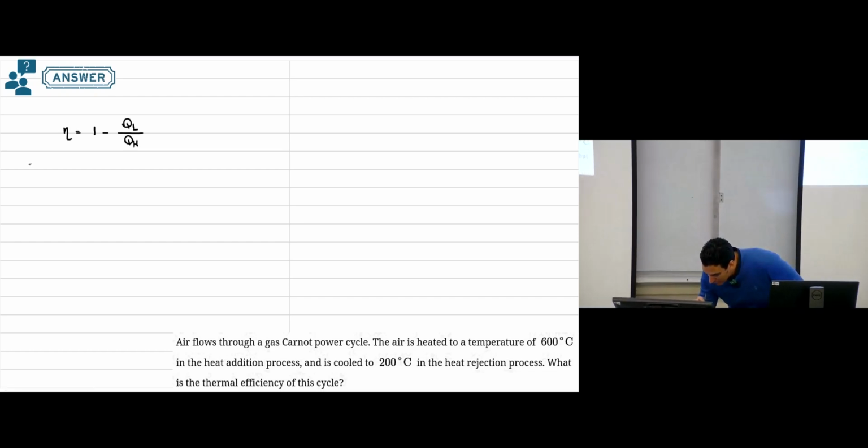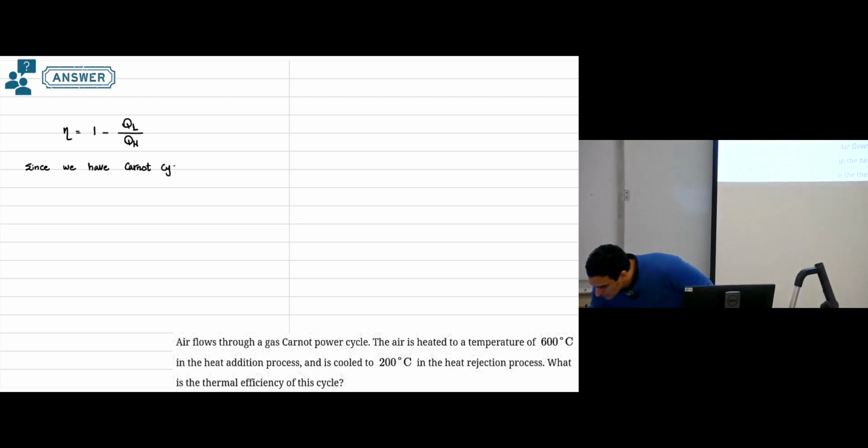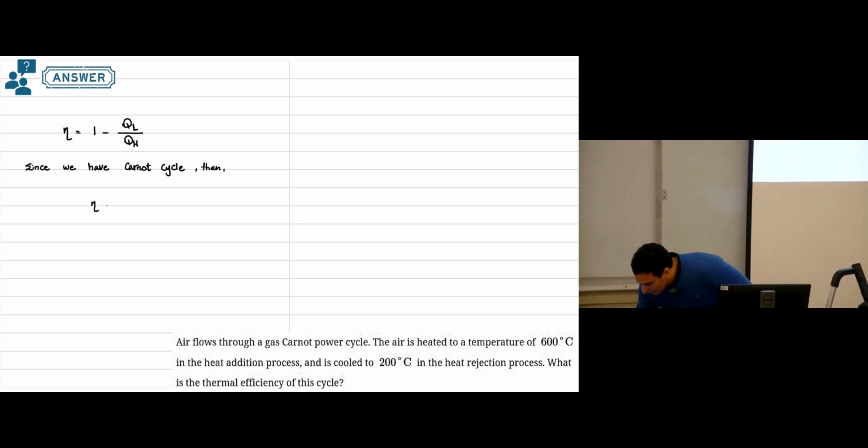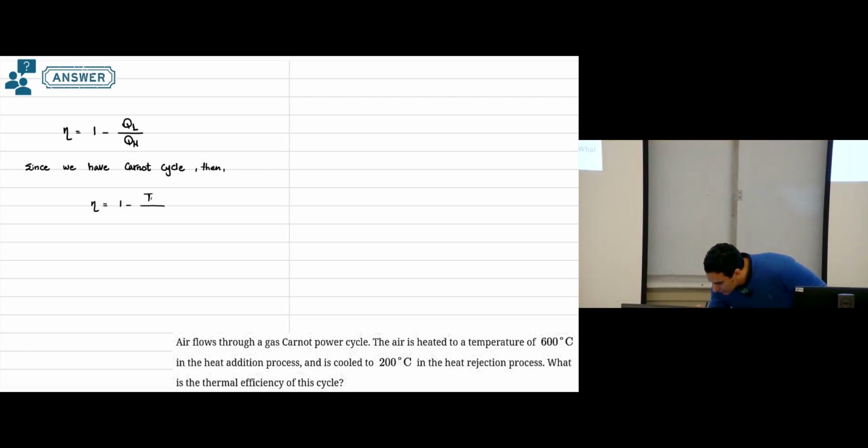But since we have a Carnot cycle, we can use this equation: efficiency is 1 minus TL divided by TH.